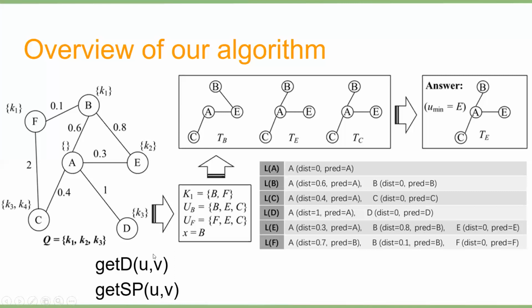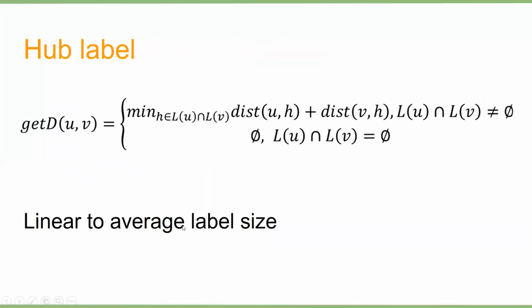And how can we efficiently solve this? We use hub labeling to achieve this. What is hub labeling? Hub labeling is just that each vertex S has a label set. A label is a vertex T and the shortest distance between S and T. In order to get the shortest distance D between U and V, we can find the intersection of the label sets.